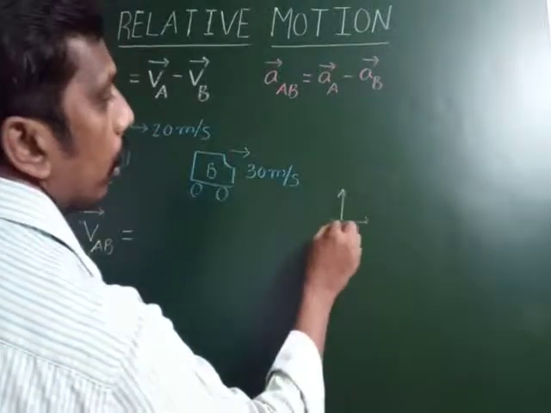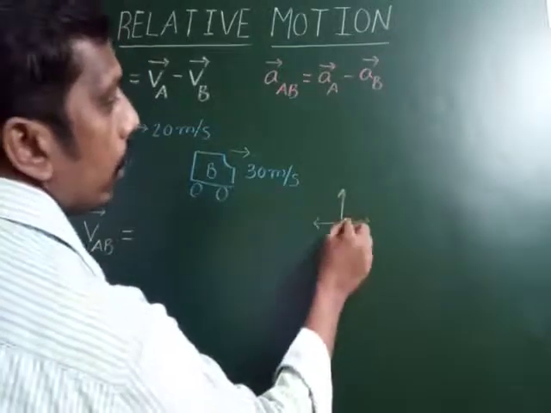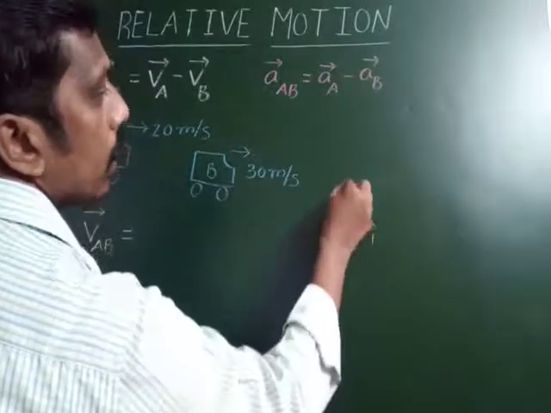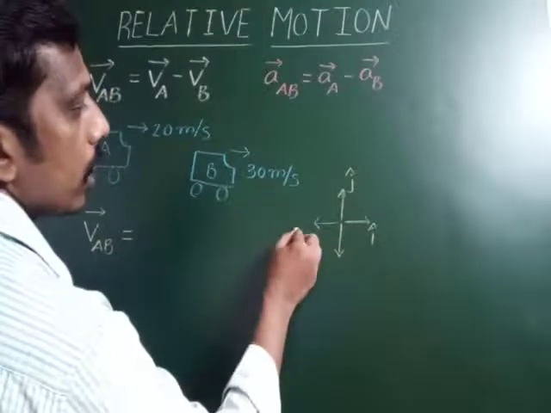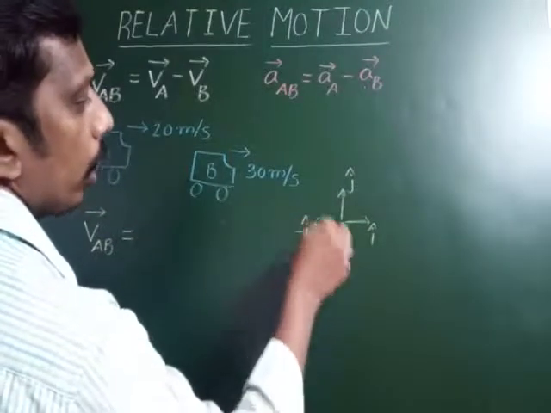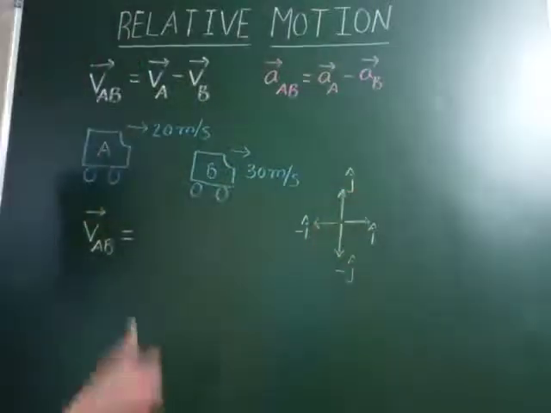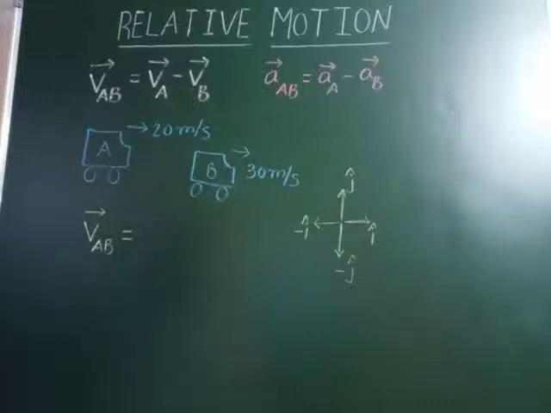Vertically upward is taken as k cap. Downward is taken as minus k cap.